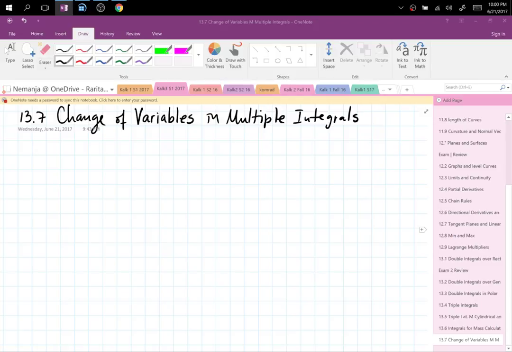The issue here is that you don't simply change the variables. We also have to worry about transforming the region on which you are integrating, and that could be a problem.